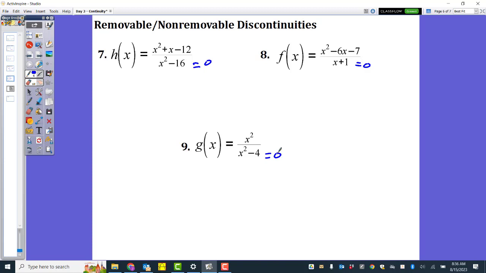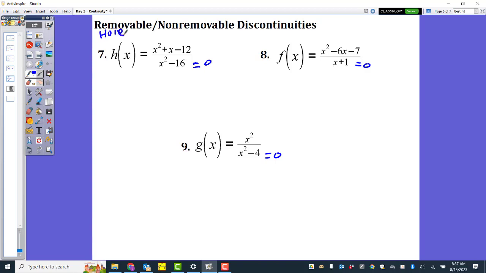Now, this leads to two different types of discontinuities: a removable discontinuity and a non-removable discontinuity. A removable discontinuity is one in which if we put a point on the graph where the discontinuity was, it would be continuous. In other words, this is a discontinuity where the limit still exists, or where there's just a hole.